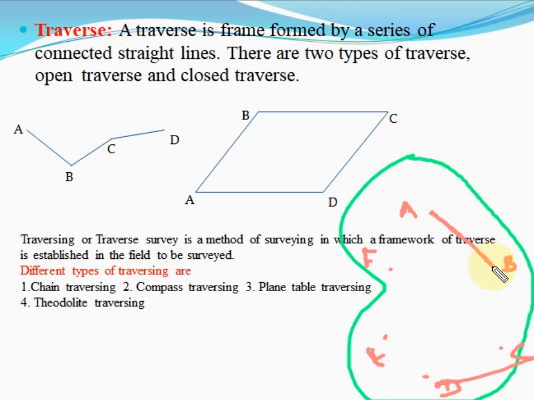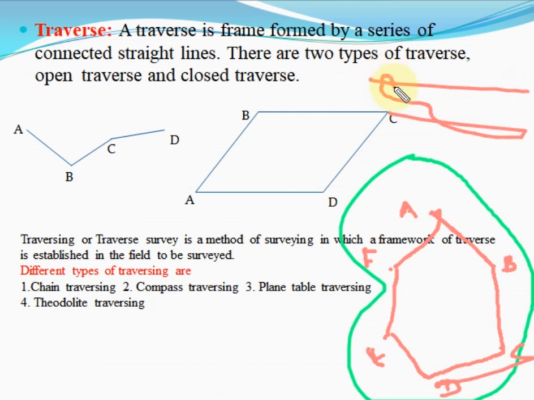When AB you join, BC you join, CD you join, DE you join, EF you join, and the last point is joined to the first point, that type of survey is called a closed survey.